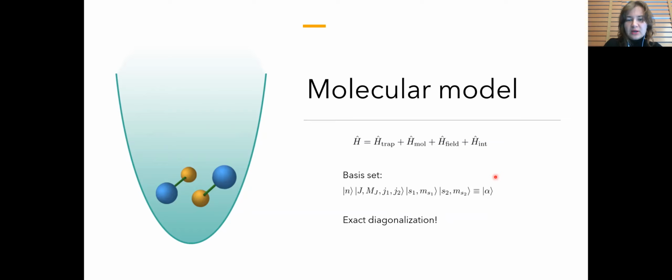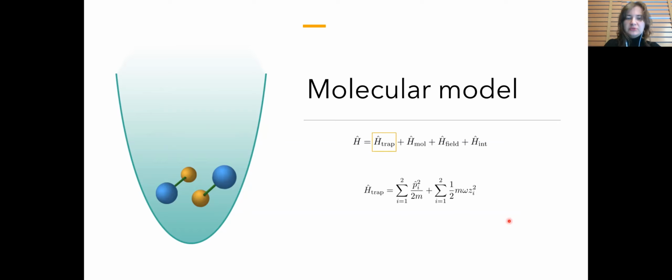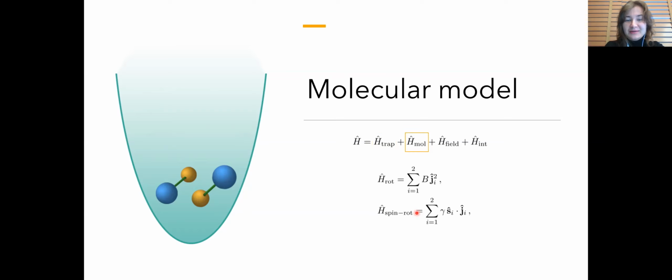And we are able to write down this Hamiltonian in this basis, since we know the form. So the trap is only the quantum harmonic oscillator Hamiltonian, nothing too fancy. With this molecular part, it's still pretty easy, but there is, let's say, the main meat of the problem coming from this part.